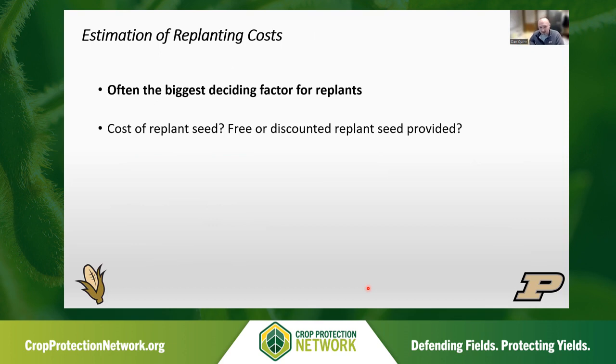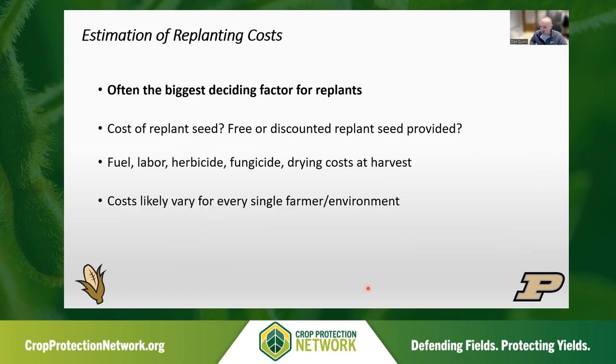Do I have the opportunity to get free or discounted replant seed? Is that provided? Factor in again the fuel and the labor. Do I need a herbicide application to kill off the rest of the remaining plants? Do I need fungicide? Do I need drying costs at harvest, because I'm planting later and I may harvest later?